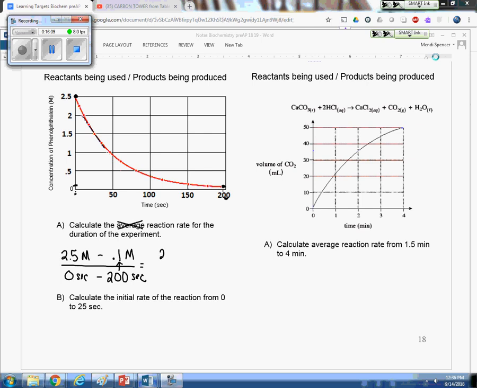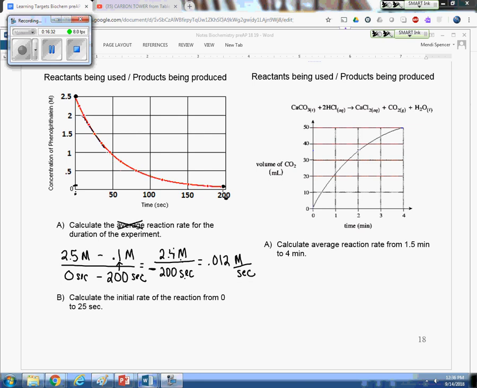So we're going to have 2.4 M. Then you're going to divide by negative 200 seconds. And that equals 0.012. Our units are M over S, so moles per liter over seconds.